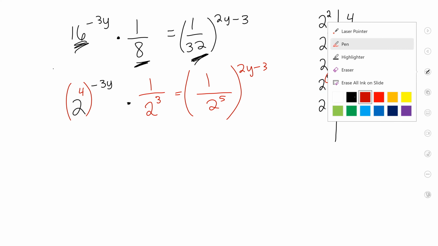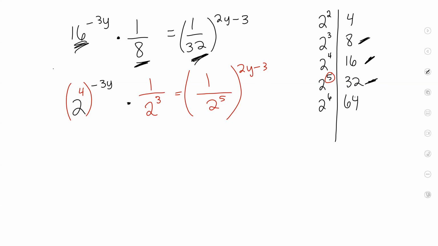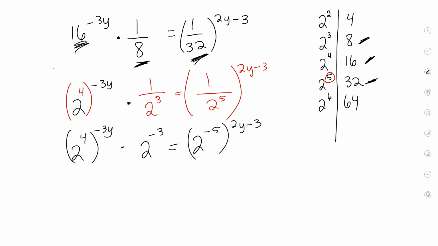How do I turn these fractions into, what do I do? Yes, so we can write this as 2 to the negative 3. Okay, this first one can just stay the same. 2 to the 4, negative 3y. 2 to the negative 5, and then 2y minus 3. Okay, so now we all have the same base.